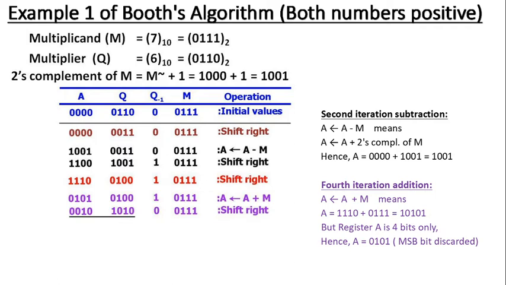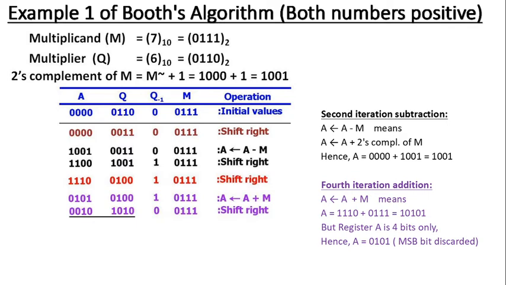It means that all the 4 iterations are now over, and once all 4 iterations are over, my count will become 0. Once the count is equal to 0, register A and register Q collectively give the product of that particular multiplication. That's why the product has been underlined by a black line here.